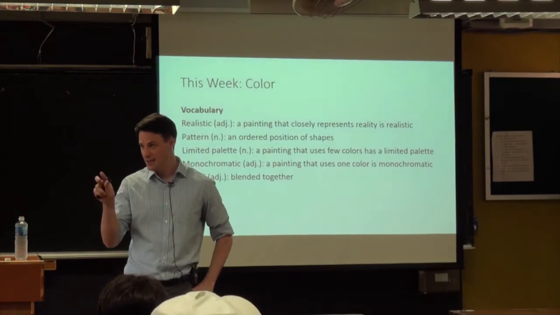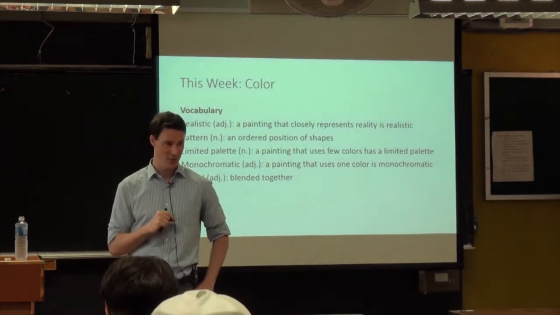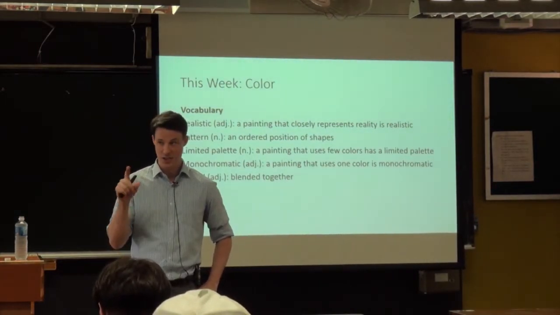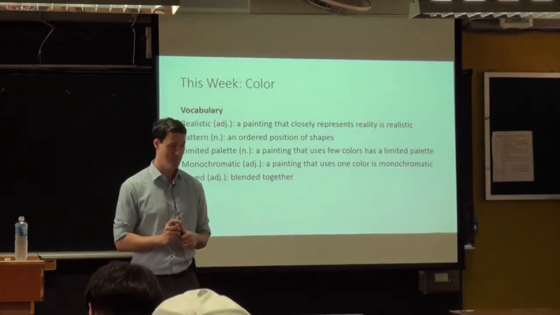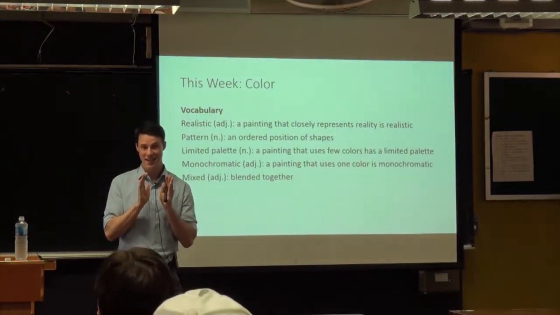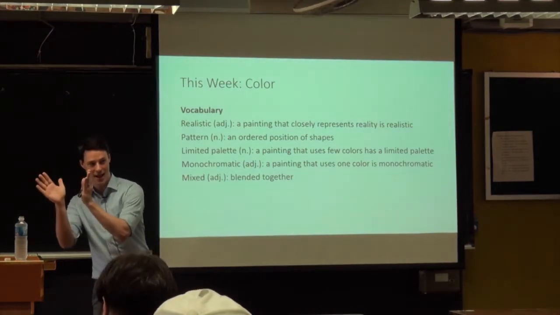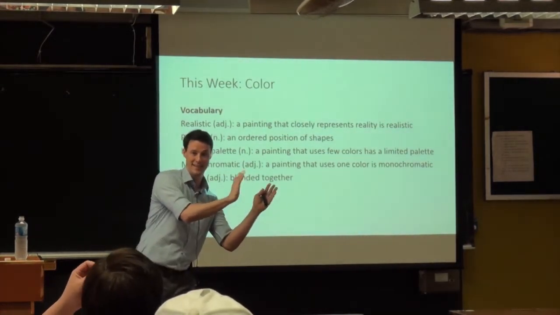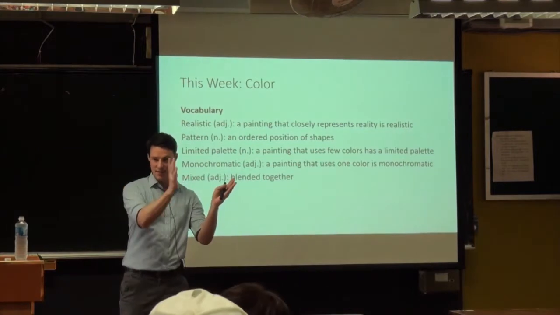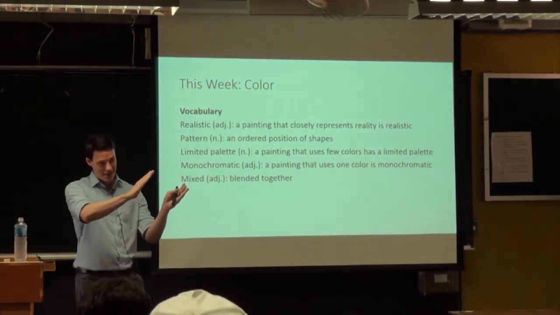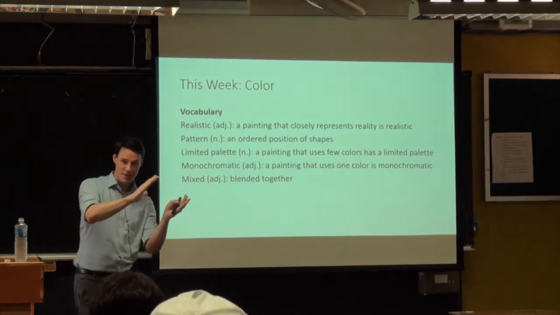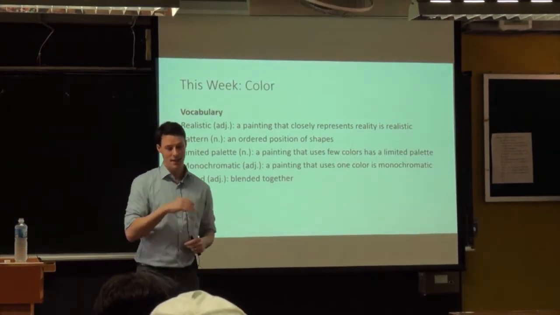If I do a painting that looks just like reality, looks just like what I see, that's a very realistic painting. So on the one hand you have abstract, and on the other you have realistic, and there's a lot of things in the middle. It could be a little bit more realistic, a little bit more abstract.